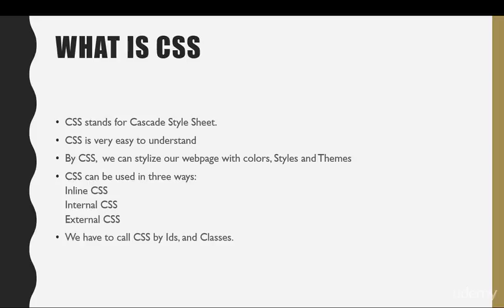We have to call CSS by IDs and classes and tag names too, and sometimes the attributes too, by the way. What are the IDs? The IDs are basically the identification of any element, like any div element or paragraph element. For example, there are 4 paragraphs, so every paragraph can have a different ID.